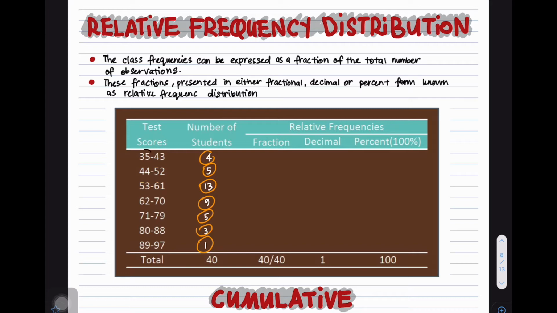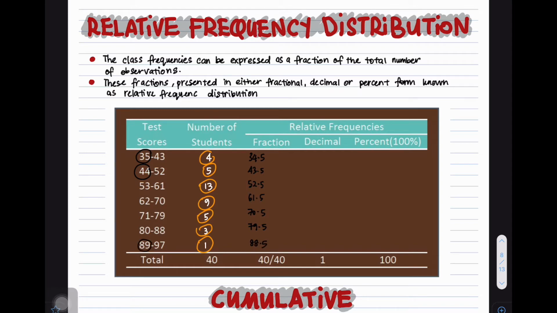So this one is your lower limit 35. So 0.5 sebelum 35 adalah 34.5. This one the lower boundary will be 43.5, 0.5 sebelum 44. 0.5 sebelum 53 is 52.5. And then we have 61.5, 70.5, 79.5, and 88.5.